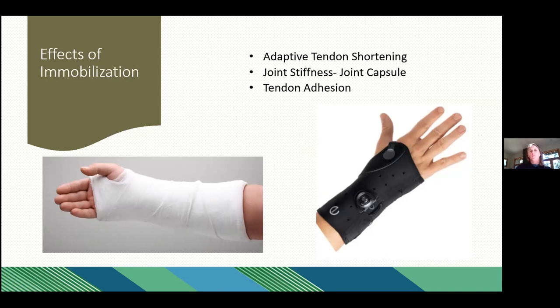And then based on however the wrist is maybe splinted or cast or what have you, you're not moving your wrist back and forth, so that the tendons that go in from the forearm into the hand can therefore be adaptively shortened. So all of these things need to be addressed when you come into physical therapy.